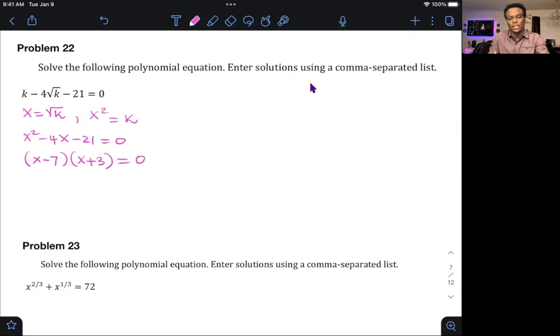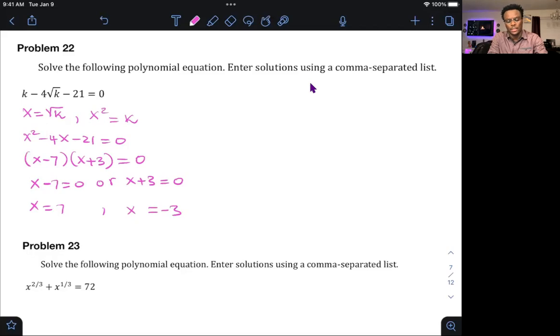So if I use the zero product property, that's x minus 7 equals 0, or x plus 3 equals 0. Solving this, x equals 7, x equals negative 3.